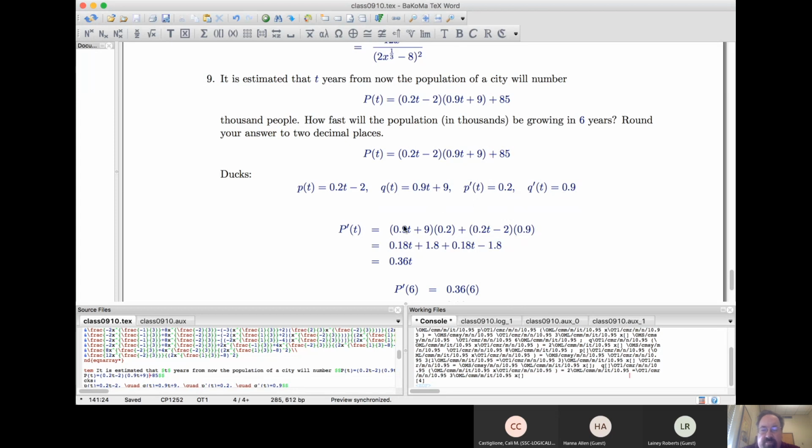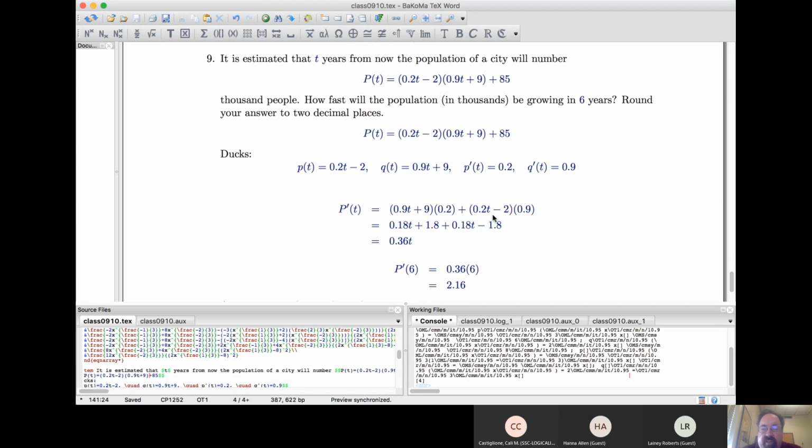And then we put them together the same way, these two multiplied together, plus these two multiplied together. And then we go ahead and expand, and we see that these terms cancel, these two combine, and we get 0.36t as our derivative. Alternatively, you could have multiplied this out at the start, and then you don't need the product rule, you can get the derivative that way.